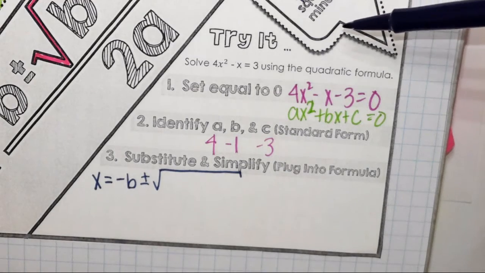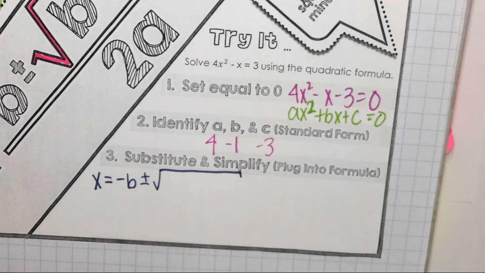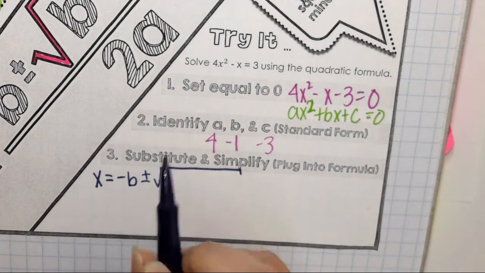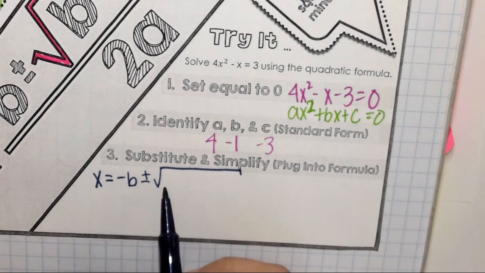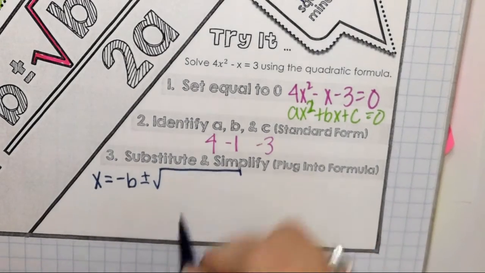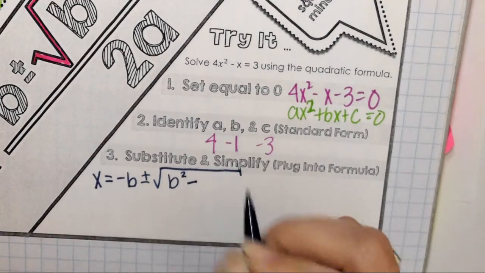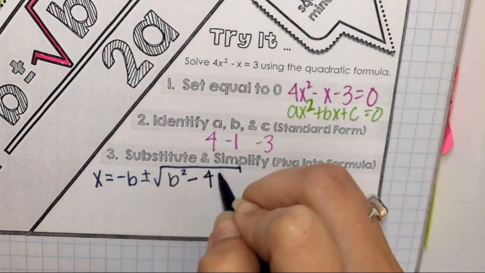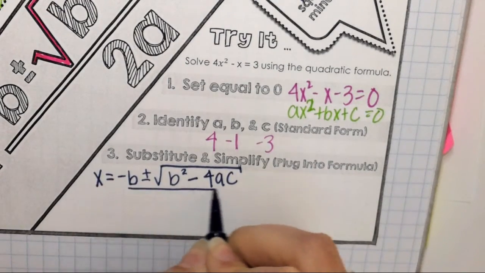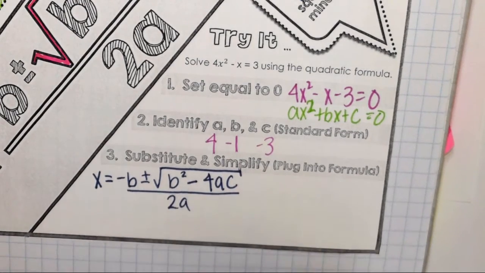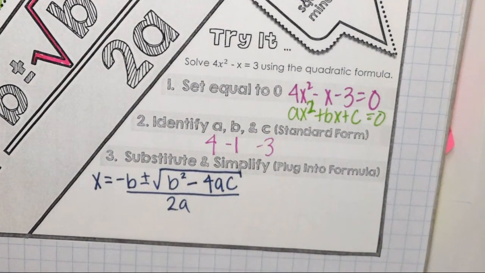Read this bubble to me. X equals negative B plus or minus the square root of B squared. Look at you go. Both of you take a point.